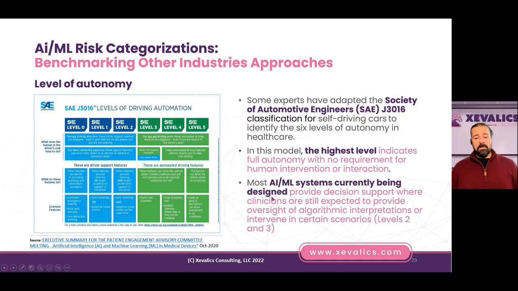Most AI machine learning systems currently being designed provide decision support, where clinicians are still expected to provide oversight of algorithmic interpretation or intervene in certain scenarios. So most of the medical devices currently being designed, and most products applicable to the life science industry, fall within level 2 or level 3. There is some interaction between the AI model and the human.